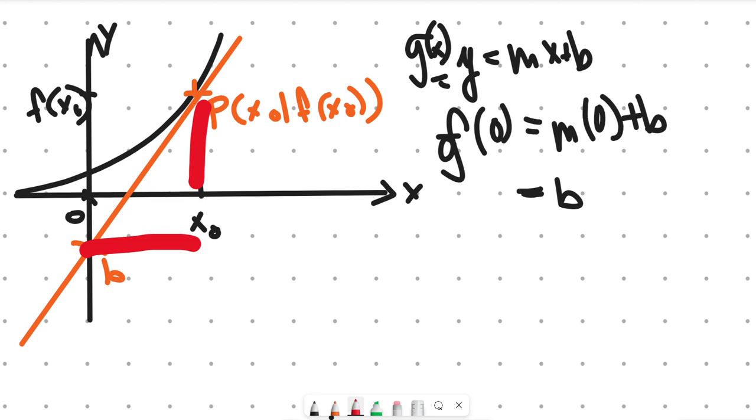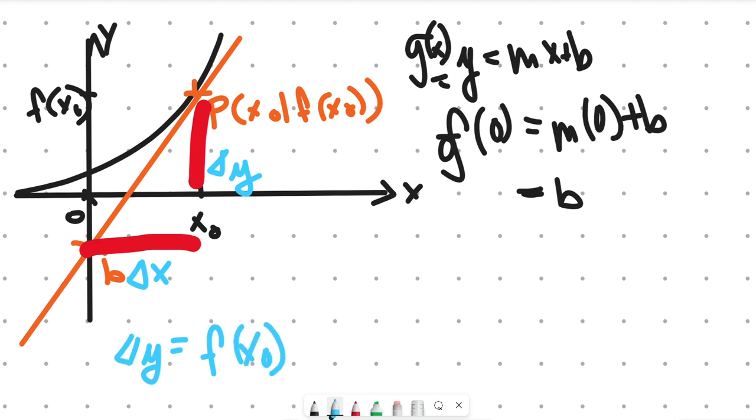Now we can do another rise over run, and let's take another color, that's delta y and delta x. So delta y is a combination of f of x naught and b. For instance, if b is negative, then somehow the thing will change.